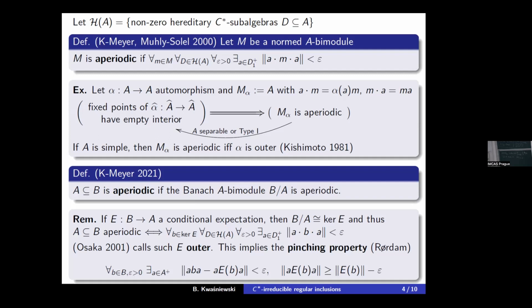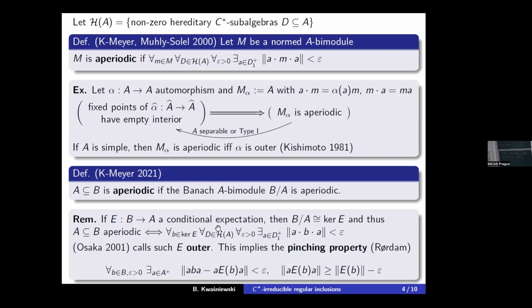This tells you that this conditional expectation, at least up to norm, can be obtained by compressing with some positive element. You can compress this AB by this A to something which at least in norm is close to AB. This is enough to prove these results about the ideal structure and pure infiniteness. In fact, this condition could be added to the list from the previous slide, and this would also be an equivalent condition.